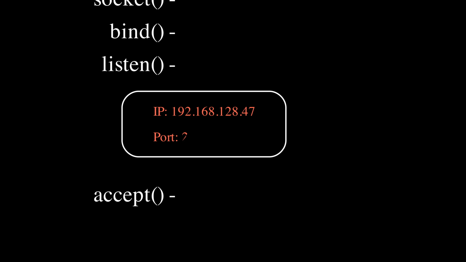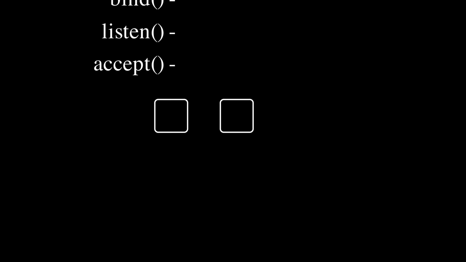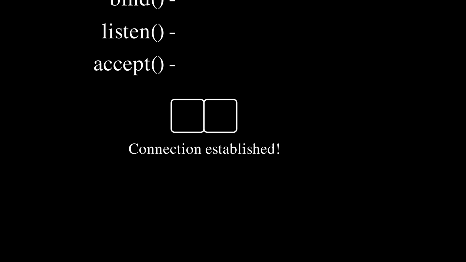Listen tells a socket that it is available for incoming network traffic. Accept is a call that gets used for TCP traffic. Essentially, this is the call responsible for establishing a TCP connection.